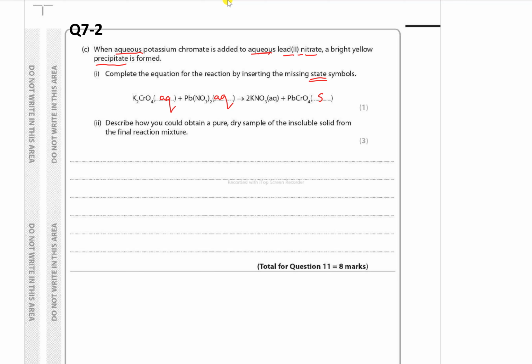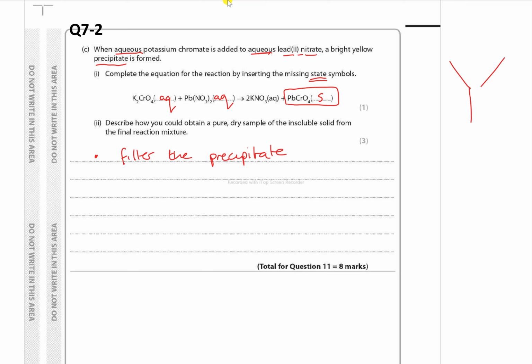Right, now what we've got is of the insoluble. So right, what we want to do, we've got precipitate of the salt here. So what we do, first of all, we filter off the precipitate.